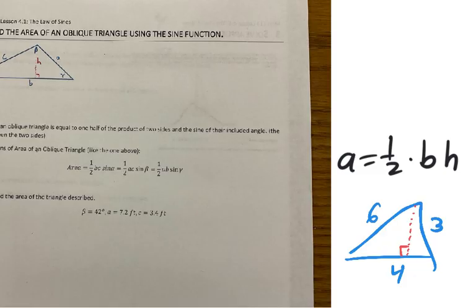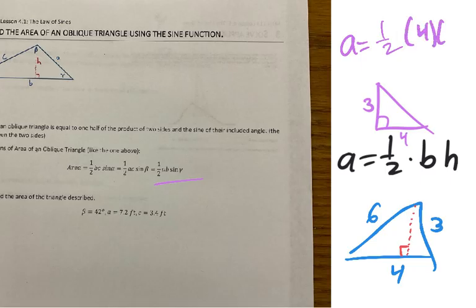Well, why have you never seen that formula before? Because we always use this for a special case. You needed right triangles to find the base and the height. Well, think about this. If the base was 4 and the height was 3, and you had to find the area of this triangle, you could do 1/2 times the base, 4, times the height, 3, times sine of the angle between them.